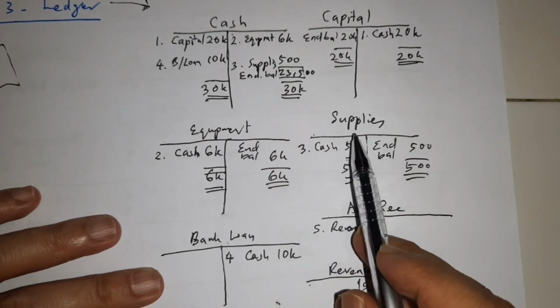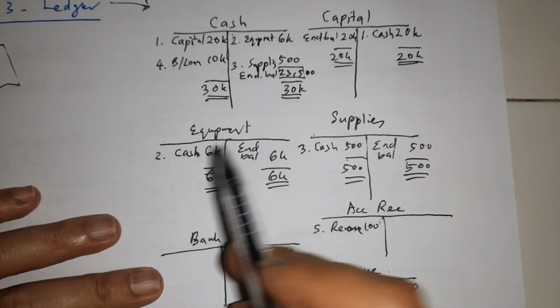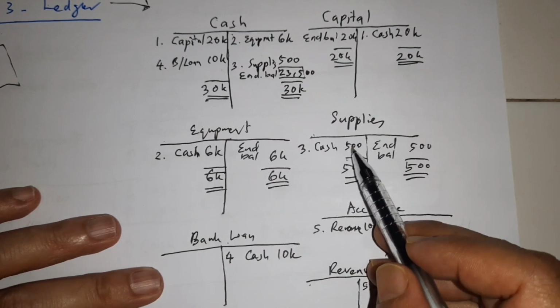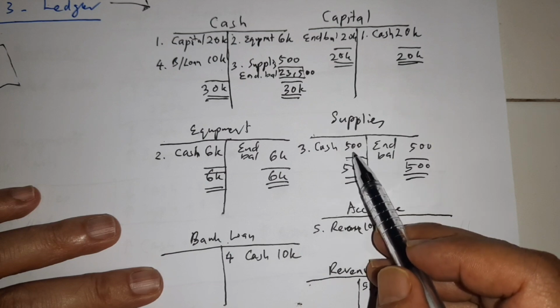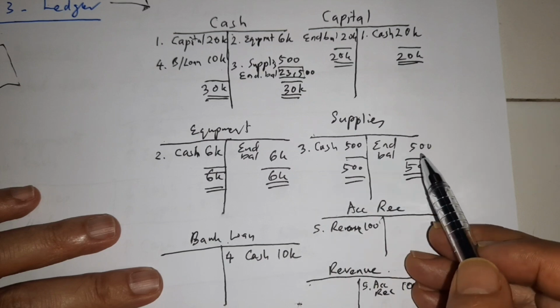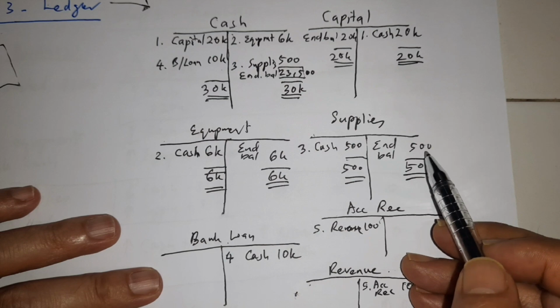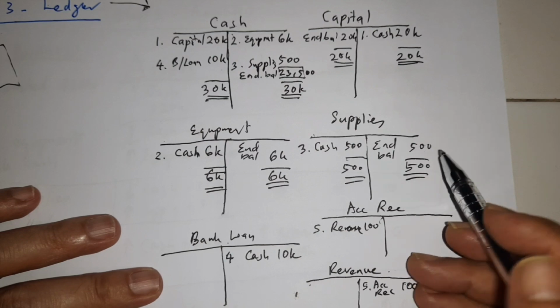Okay, the logic is like this. For supplies in this example, there is an increase in supplies of 500, but there are no supplies out. So at the end of the accounting period, at the end of the month or at the end of the year, $500 of supplies are left unused.